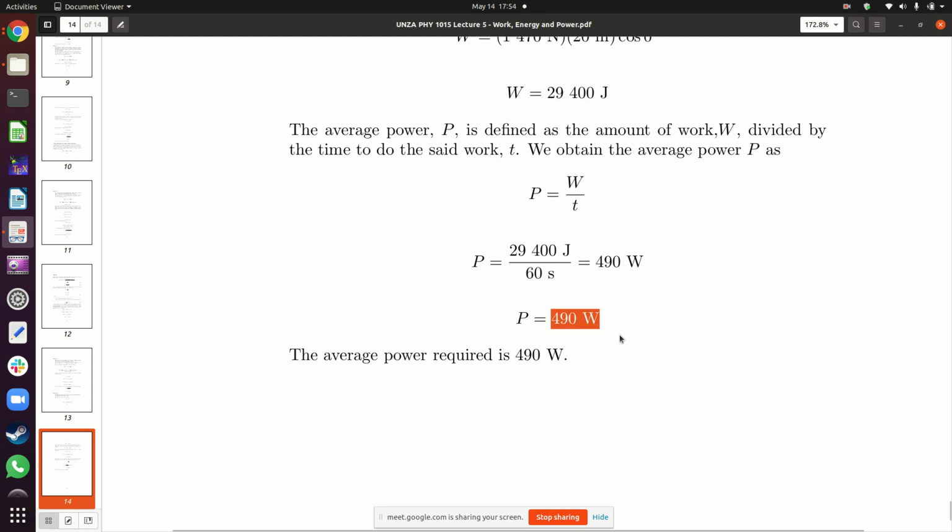So basically, each second which passes by, the drum is gaining 490 joules of energy. Then over a period of 60 seconds, it gains 29,400 joules of energy, which is its gravitational potential energy in this case also. Are we clear?